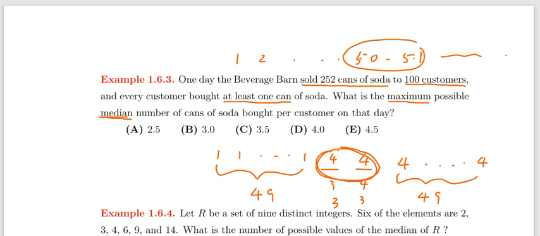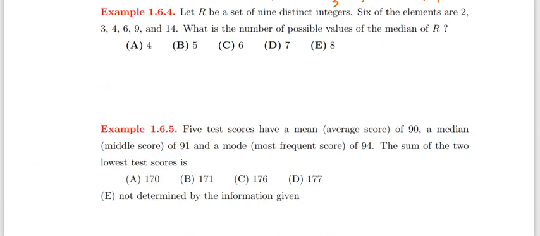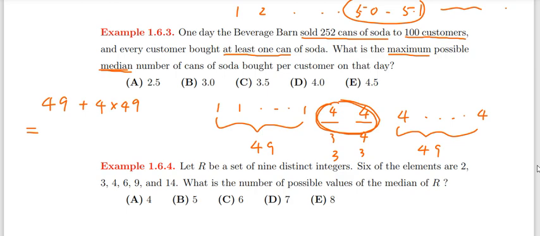What is the sum of them? It is 49 plus 4 times 49, which equals 5 times 49, so 49 times 5. We have 250 minus 5, and in total we have 252.